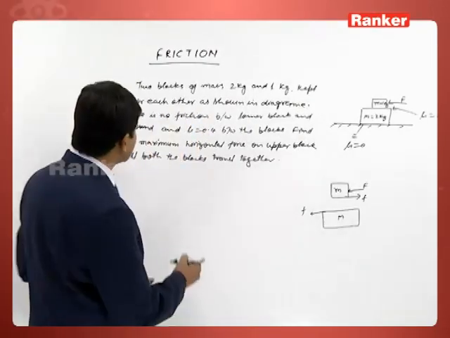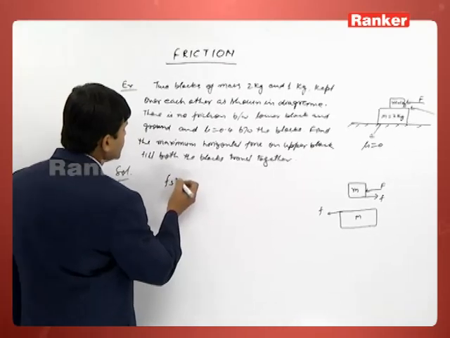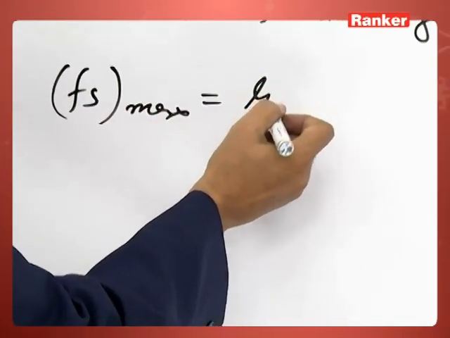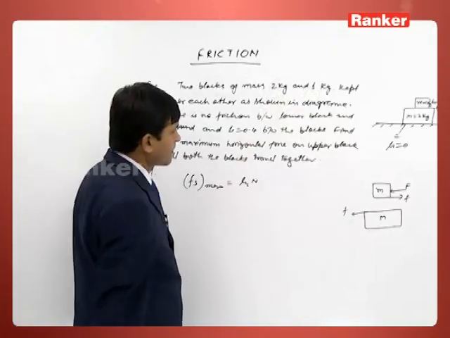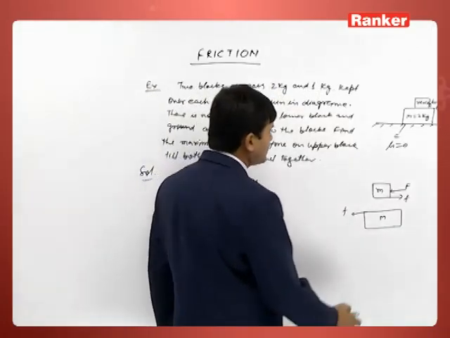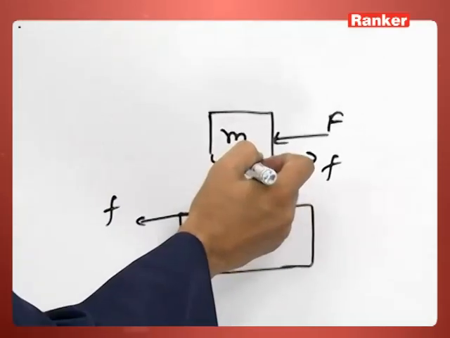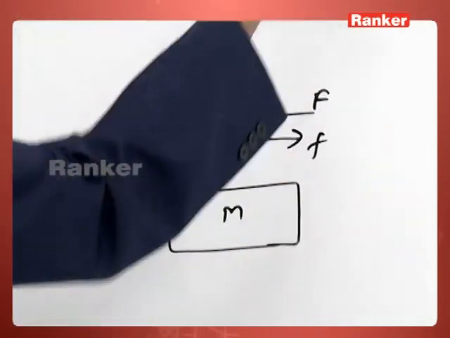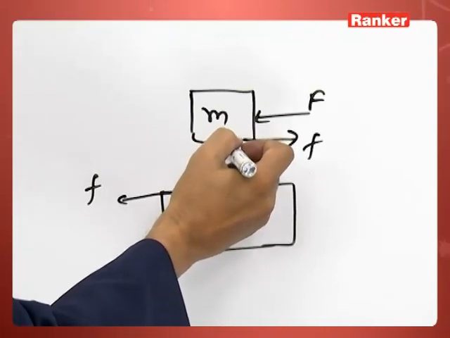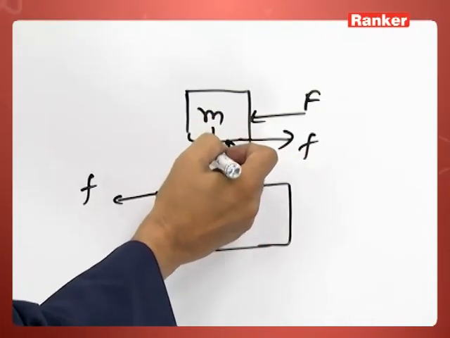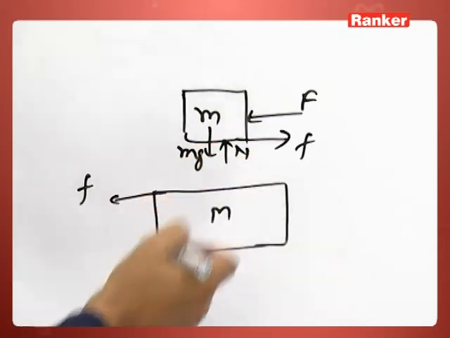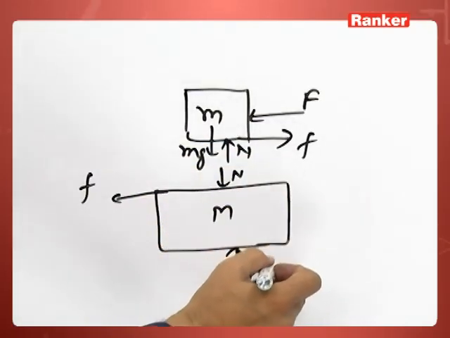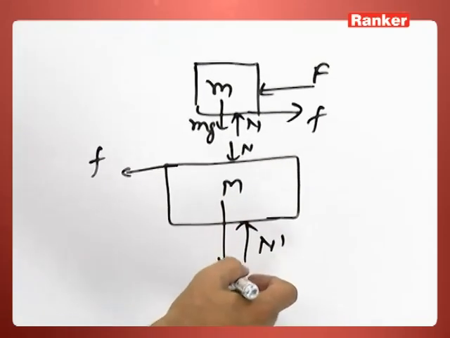So maximum static friction is F static maximum equals mu static into N. If we make the complete FBD here, the normal force exerted by the lower block on the upper block is N, weight is mg. Normal force here is N, and from here normal is N dash, and weight is mg.